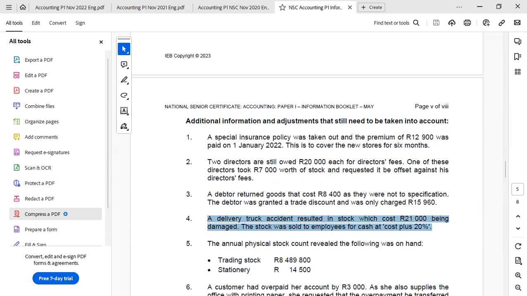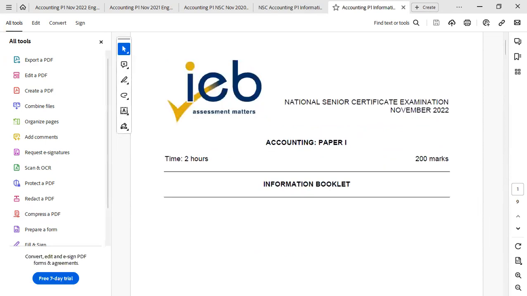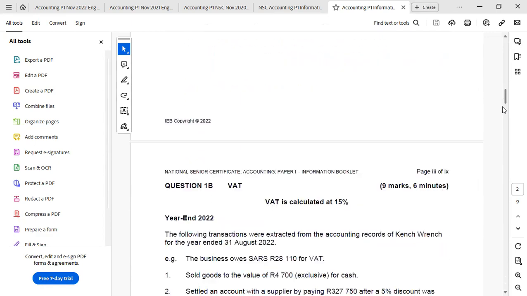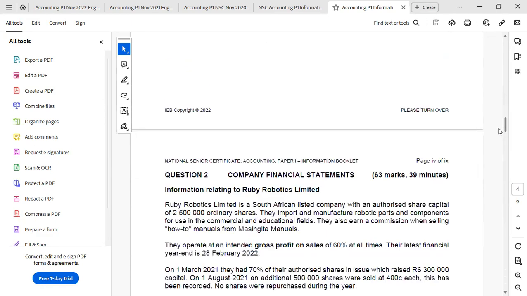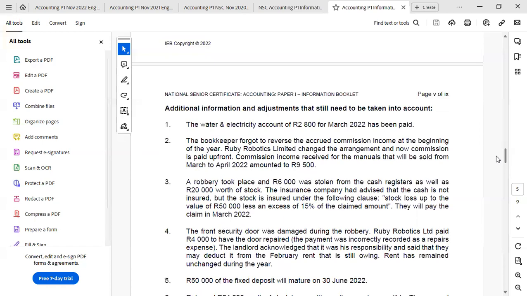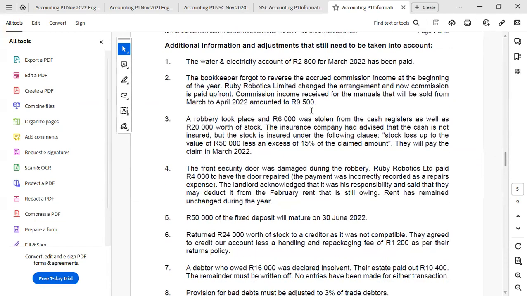Okay, at least IB papers are not disappointing. We have debtors allowance. Let me check 2022 if we have something there for 2022. Debtors allowance, which is basically what we just did right now. Okay, there it is. The bookkeeper reversed, no, that's not the one.